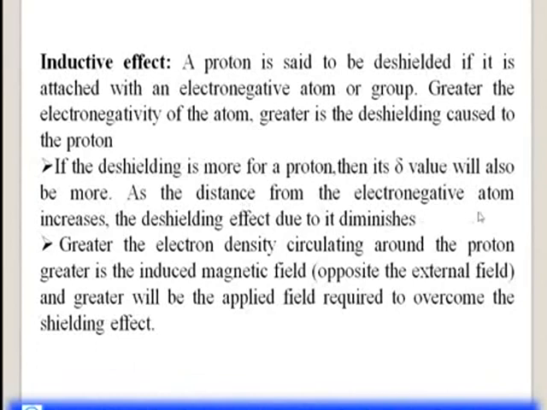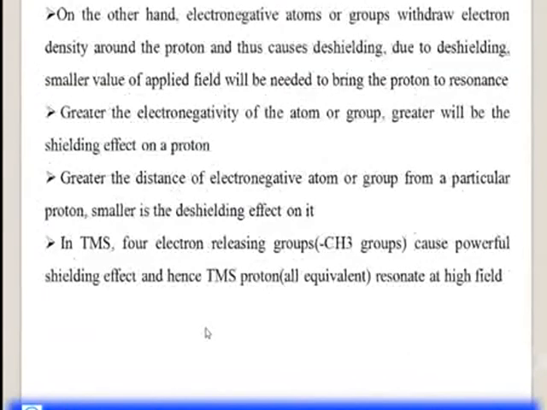As the distance from the electronegative atom increases, the de-shielding effect decreases, or we can say diminishes. Greater the electron density circulating around the proton, greater will be the induced magnetic field. If it is in the opposite direction, then greater will be the applied field required to overcome the shielding effect, or we can say for the resonance.